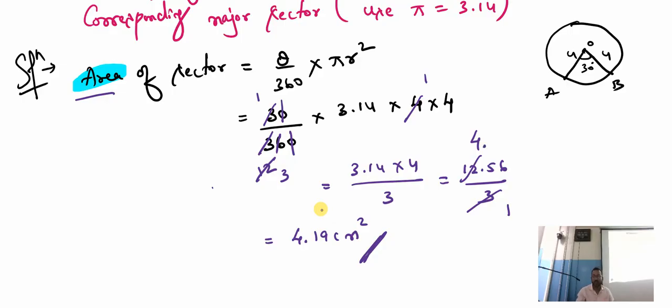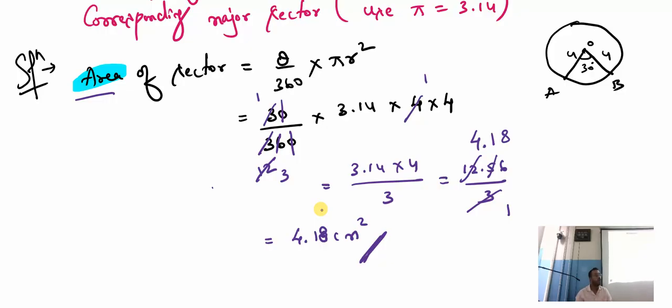Then 3 ones are 3, remainder 2, 26. Am I right? Yes, sir. 3 eights are 24, 3 nines are 27. So you will get 8. Approximately I have taken as 9. If you want, you can take 4.18 also. No worries. 4.18 centimeter square. It's an approximate value.